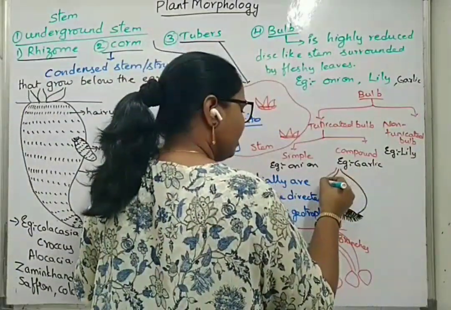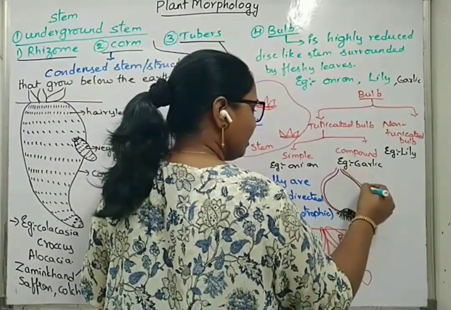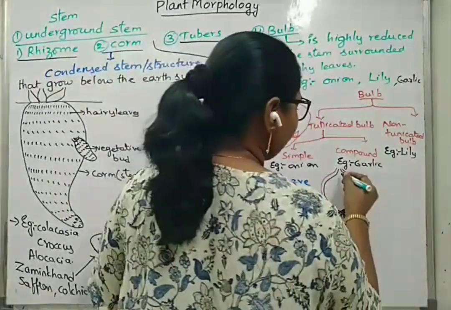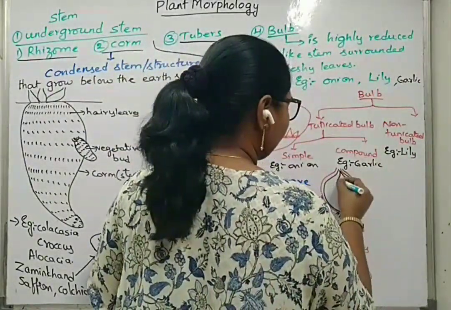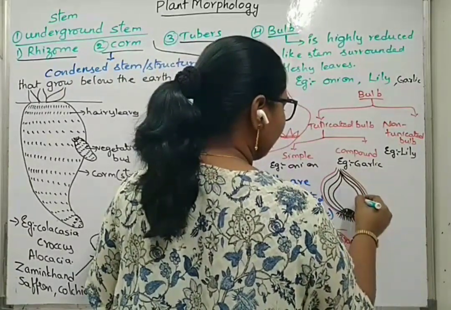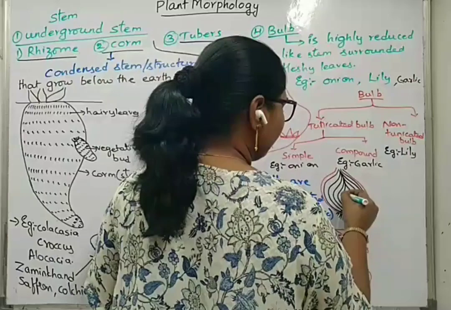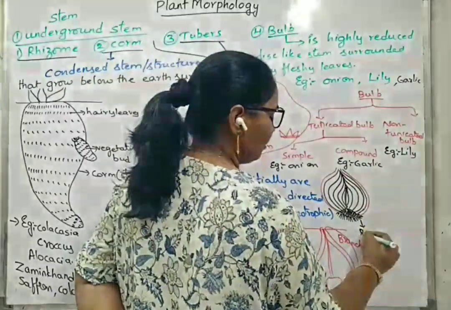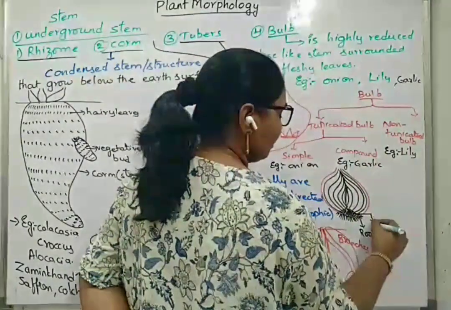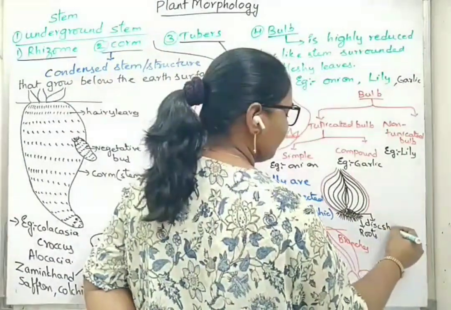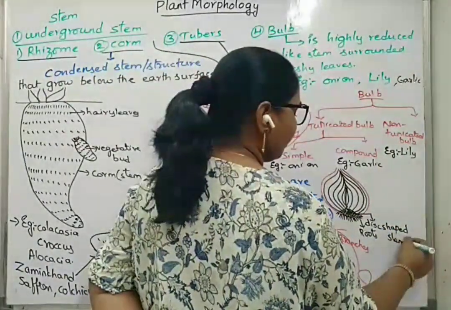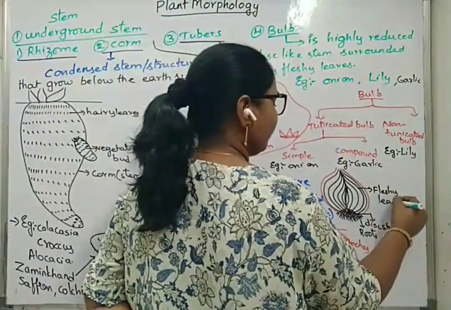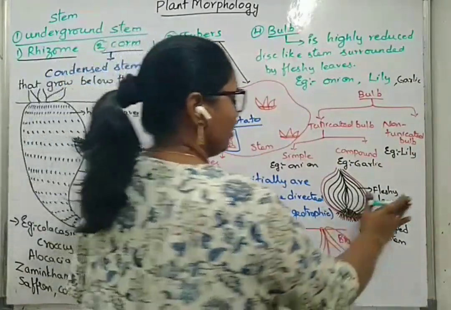Tunicated, simple outer layer and many fleshy inner layers. So fleshy leaves we will write here.